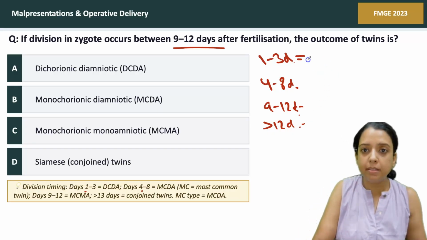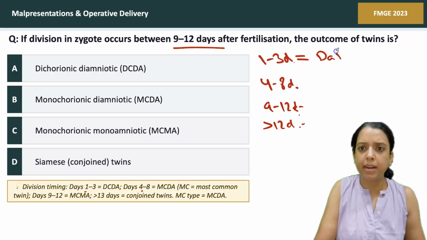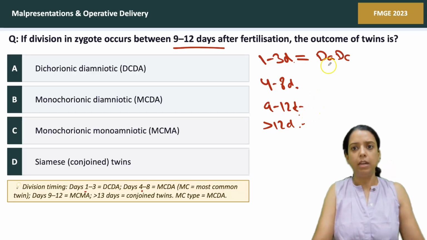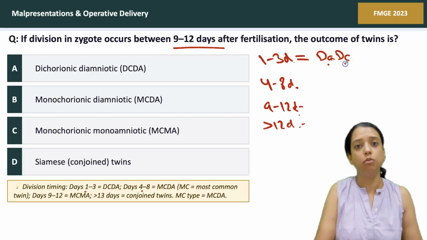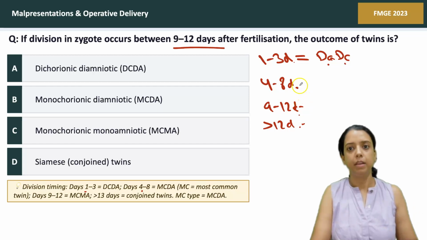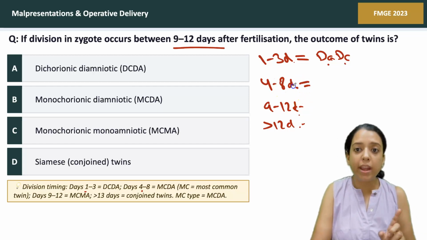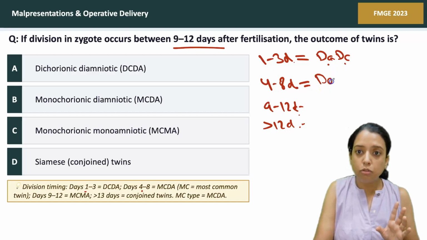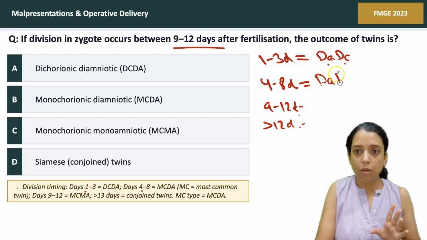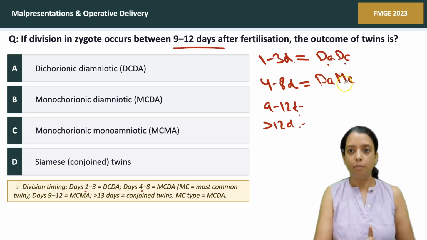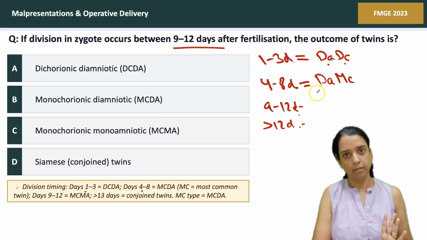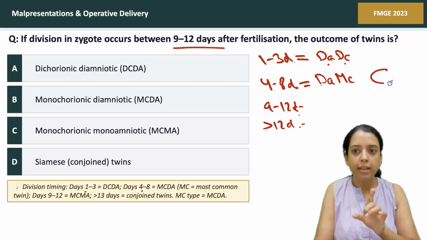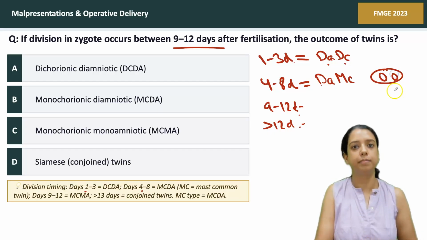So if separation happens early, you can separate them diagonally: different rooms, different house, no problem. If separation happens at 4 to 8 days, they have become friends. So they agree to stay in different rooms, but they want the same house. Monochorionic diamniotic: in the same house, two different rooms.